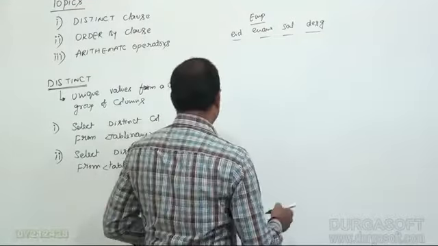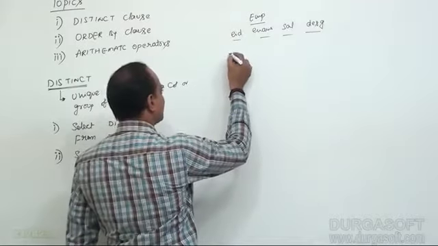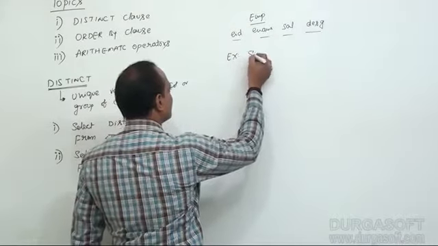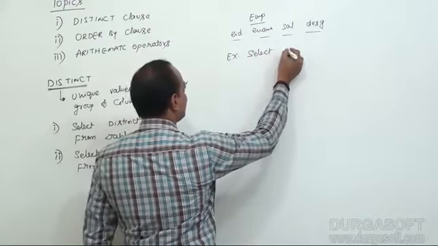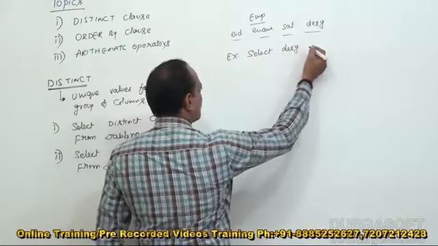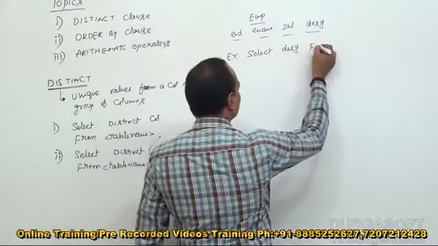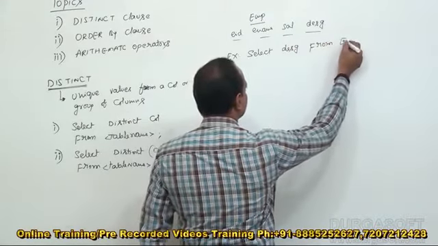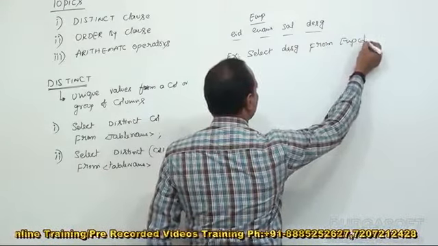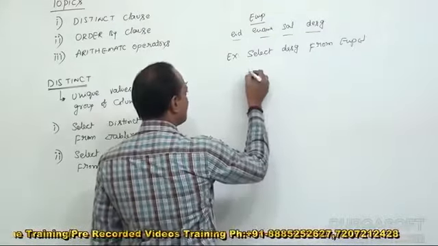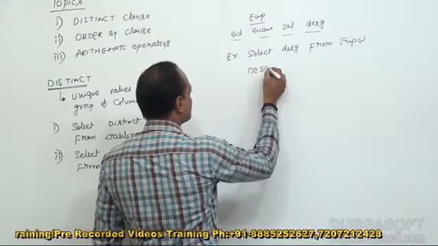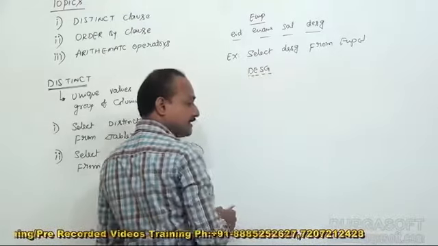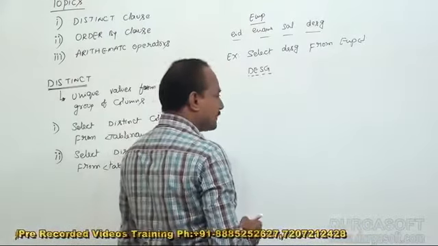Let me consider an example of selecting designations. Select the designation column from the employee table. It will display the designation values from this column. The default output title is the column name itself.